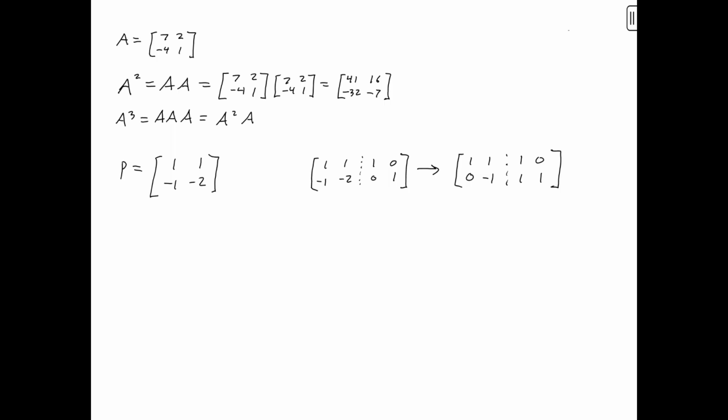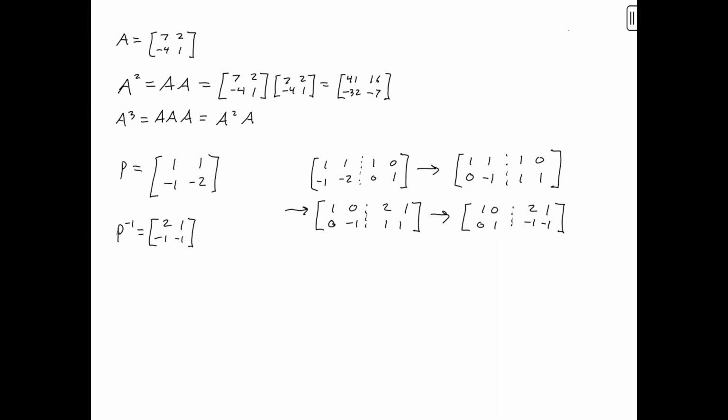And now I'm going to add the second row to the first row, which is going to give me 1, 0, 2, 1, 0, -1, 1, 1. And then I multiply this second row by -1, which gives me 1, 0, 2, 1, 0, 1, -1, -1. And so P inverse is equal to [2, 1; -1, -1].